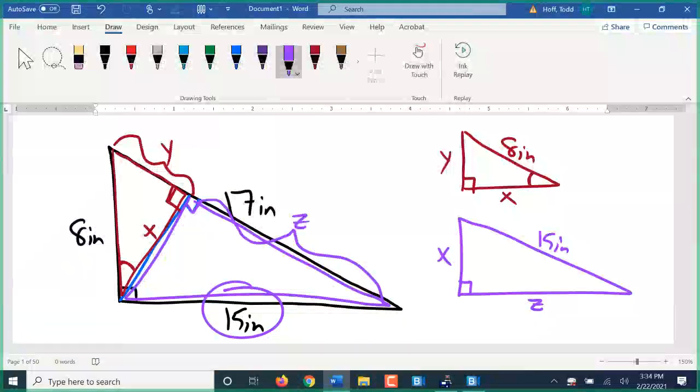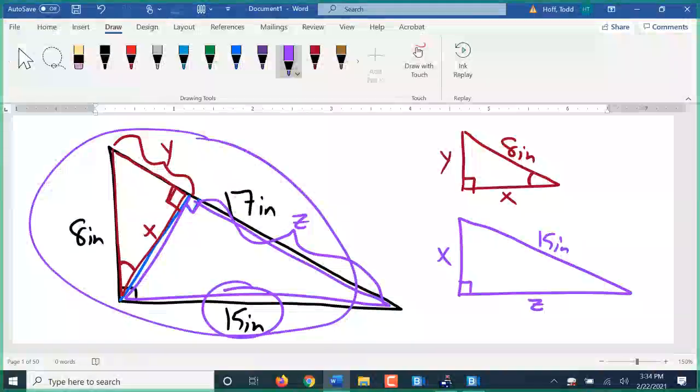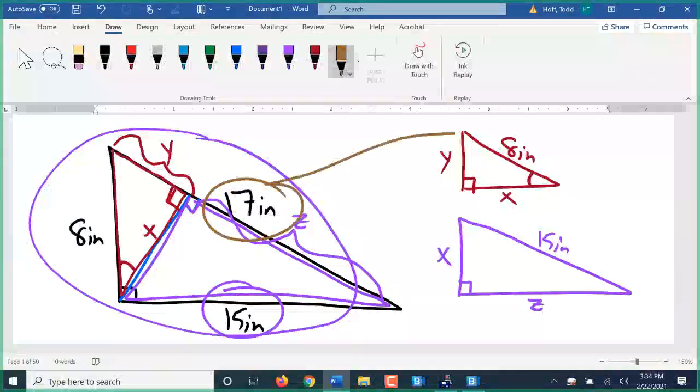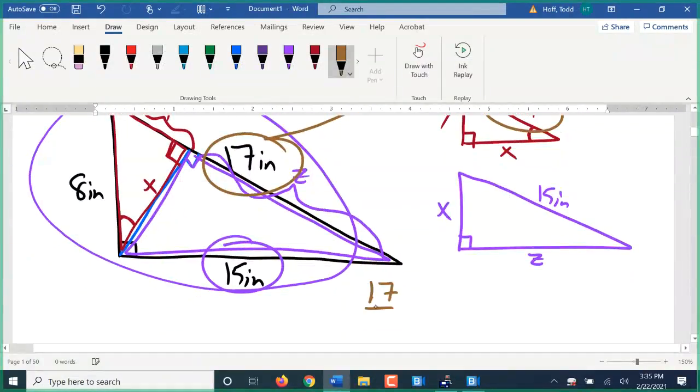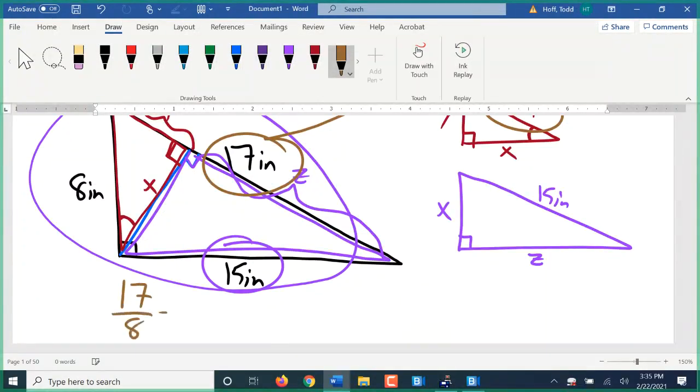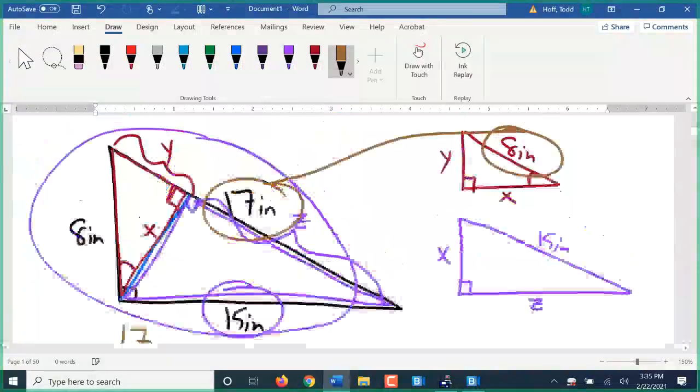Now I can compare this back to the big triangle here, the 8, 15, 17. I know that 17 corresponds with the 8, doesn't it? I'm looking for X out of this triangle.